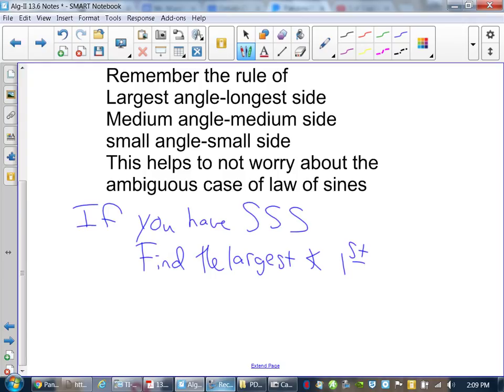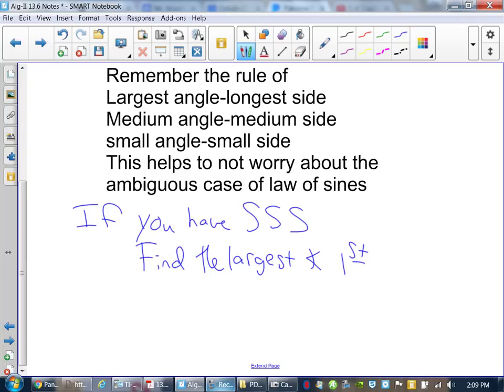A lot of times, if you're using the law of cosines and each time you always try to find the largest angle, no matter what, you alleviate the possibility of running into an ambiguous case. Doesn't mean it doesn't happen, but you kind of alleviate that. It's less of an issue, if you will.